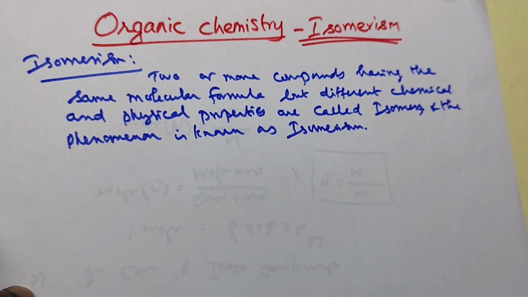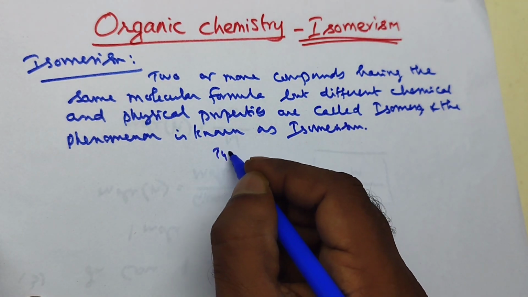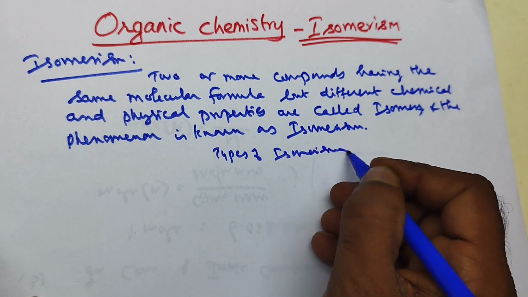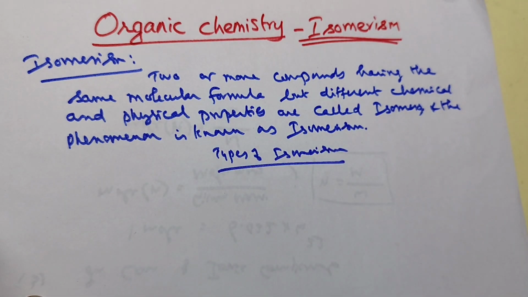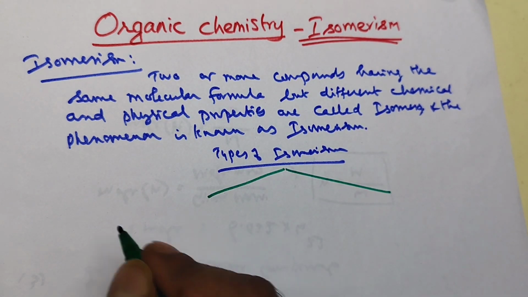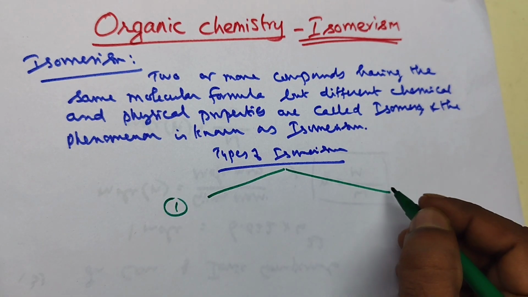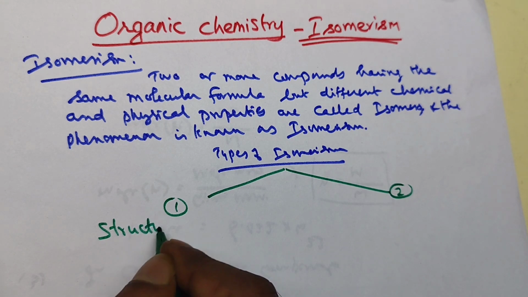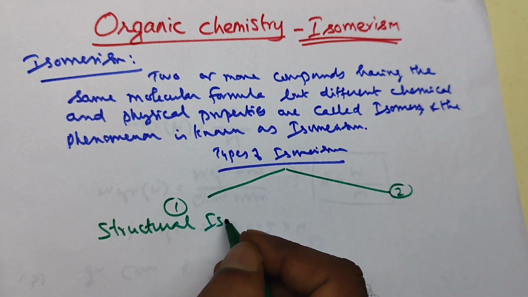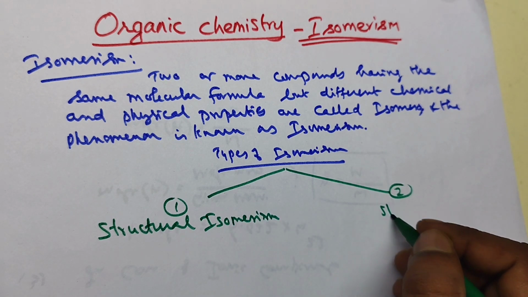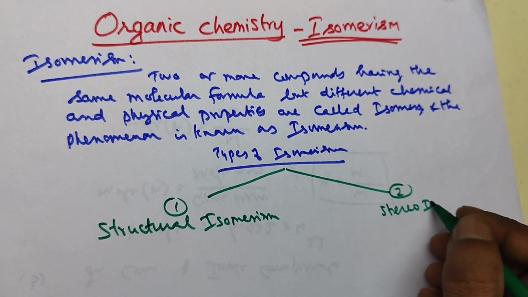Next we see the different types of isomerism. There are two different types of isomerism: structural isomerism and stereoisomerism.